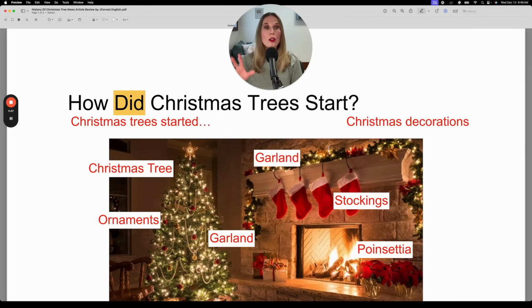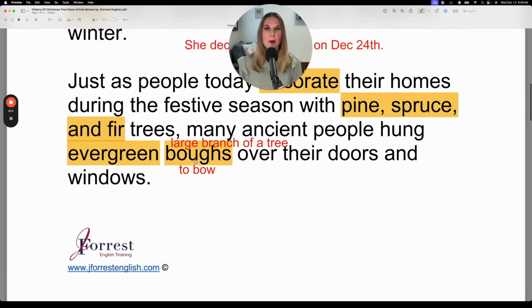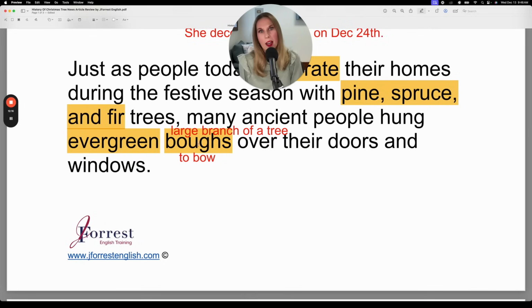But you could also put a real branch of an evergreen tree, and a bough is a large branch of a tree. So instead of this artificial, this fake garland, you could decorate, our verb, you could decorate with boughs. So boughs would be under the category of Christmas decorations. Okay, but you'll only see this word around Christmas, in North America at least.